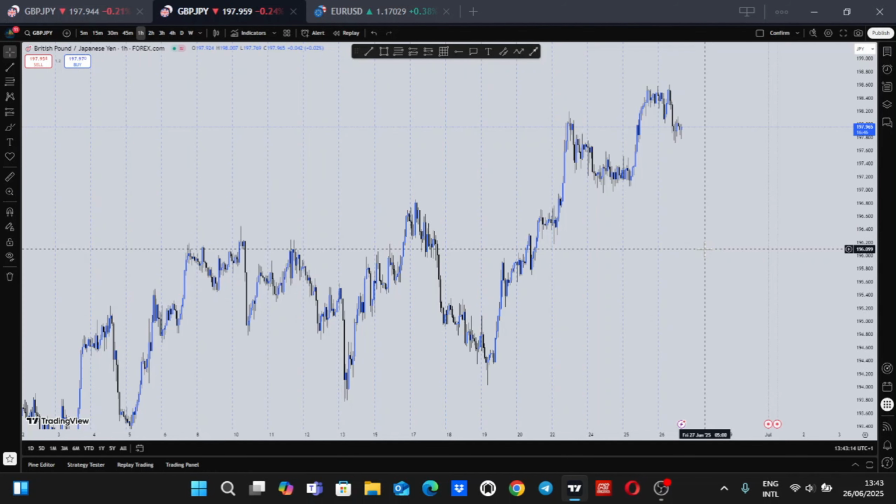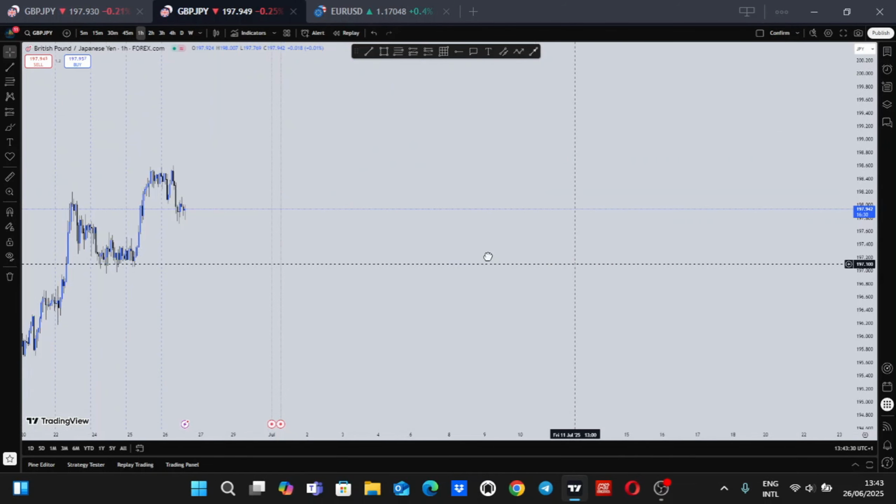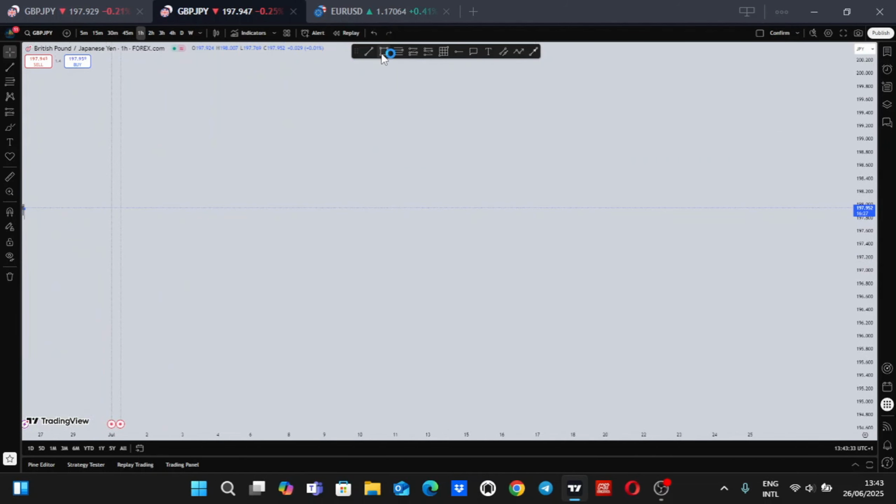While using our strategy, there are 5 confluences she always looks out for before taking any trade. The first confluence is market structure, which means you need to know the market structure of the currency pair you want to trade.